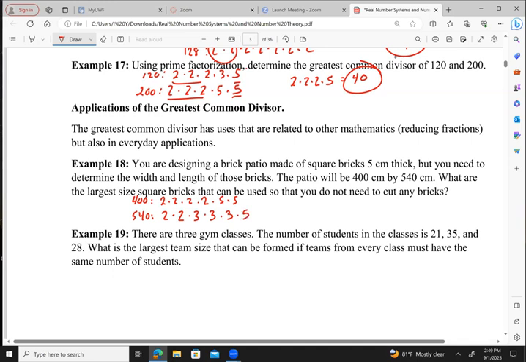So I have 2 2s, and I have a 5. So 2 times 2 times 5, which is 20 centimeters. So we can use a 20 by 20 square and it will fit. It will be 20 this way and 27 that way.